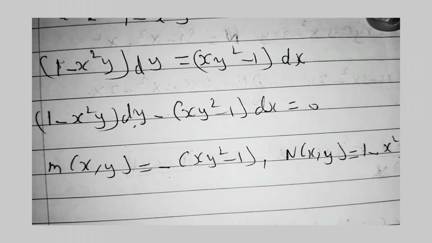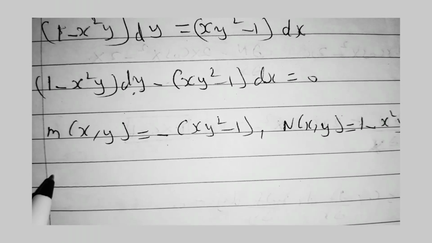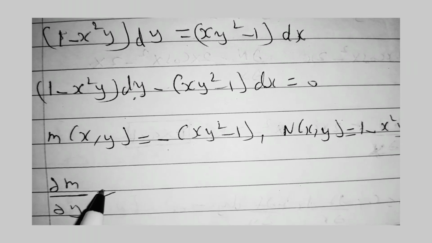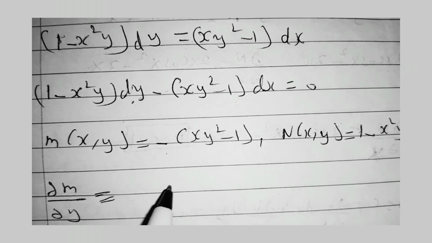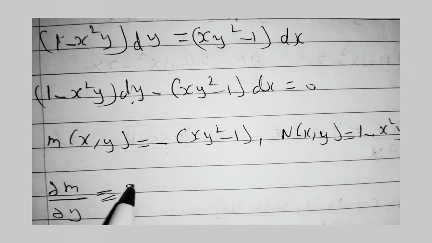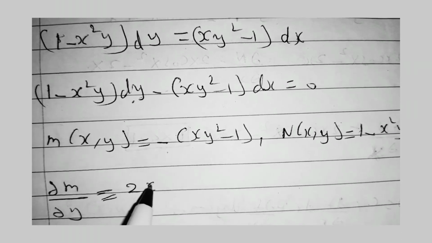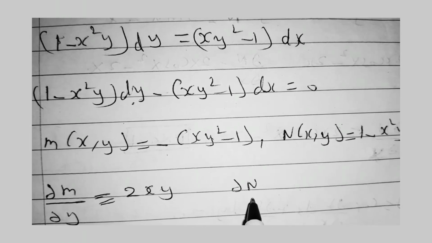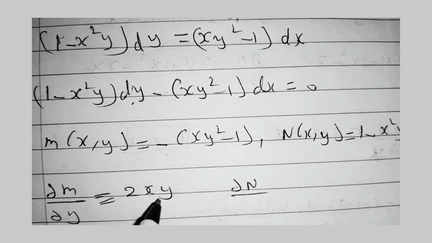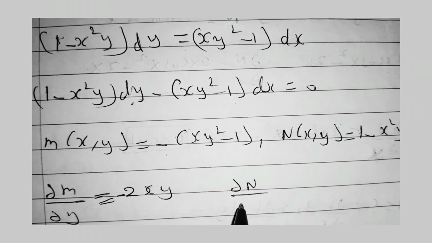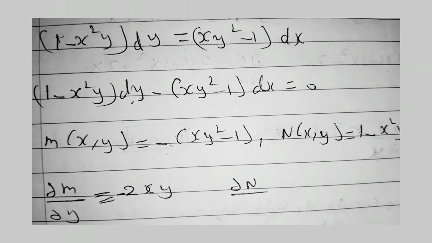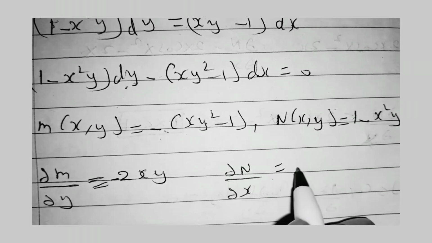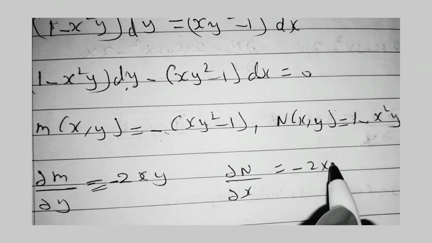Once you have written those, you get the partial derivative of M with respect to y. You differentiate function M partially with respect to y. In this case, we are going to get 2xy when you differentiate this. Then you get the partial derivative of N with respect to x, and this is negative, sorry, there is a negative there because of this negative. You are going to get, in this case, negative 2xy.